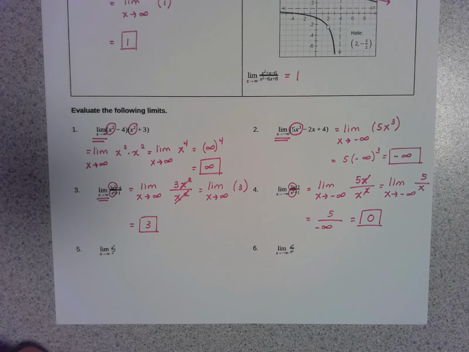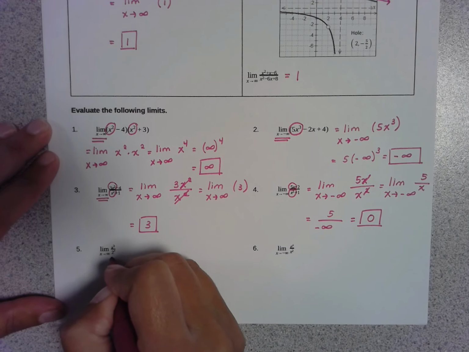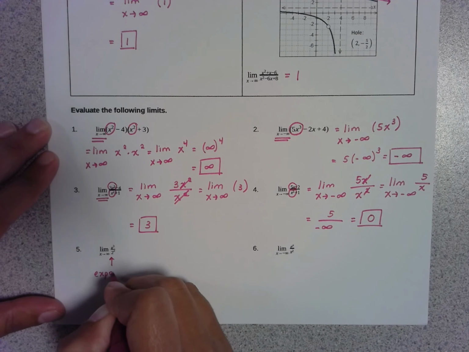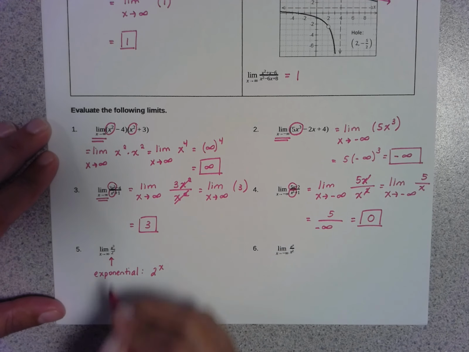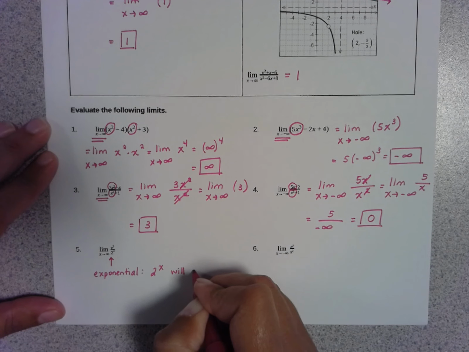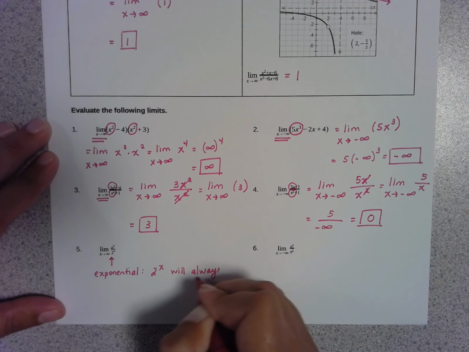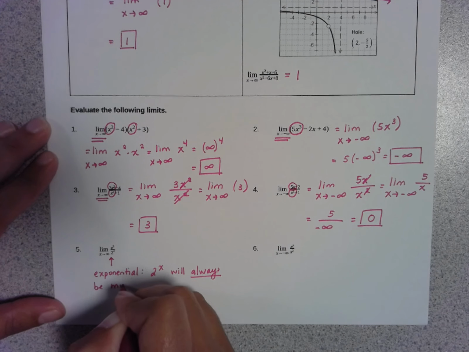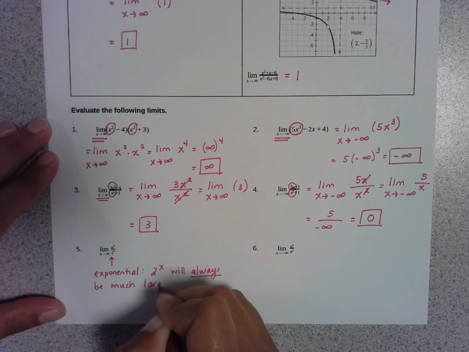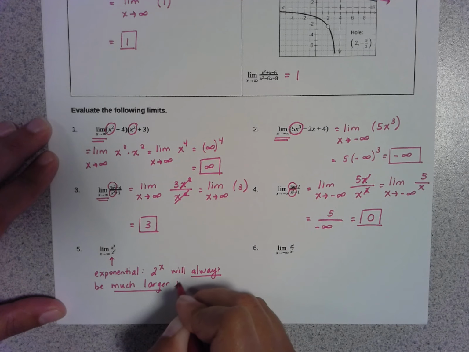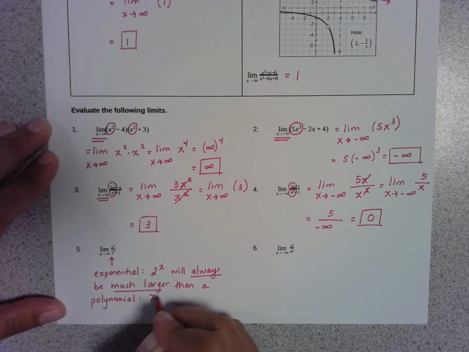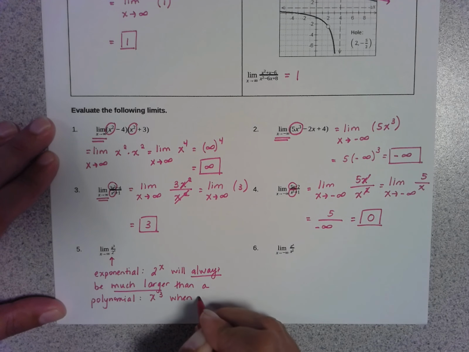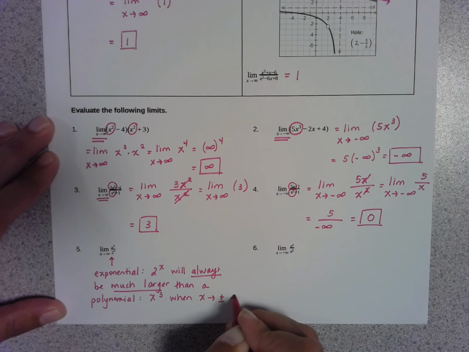And one thing that we should know is that an exponential function, something like 2 to the x, will always be much larger than a polynomial, for example, x cubed, when x is approaching positive or negative infinity.